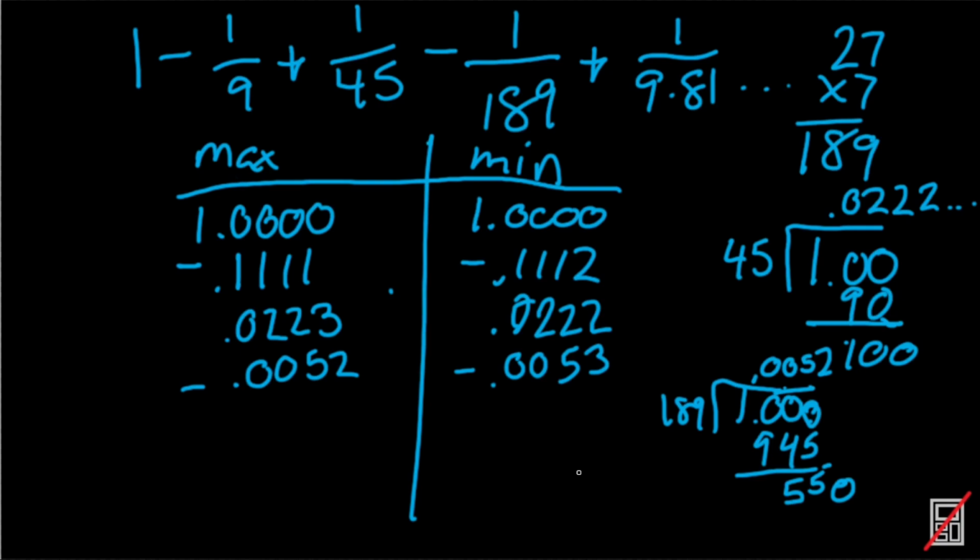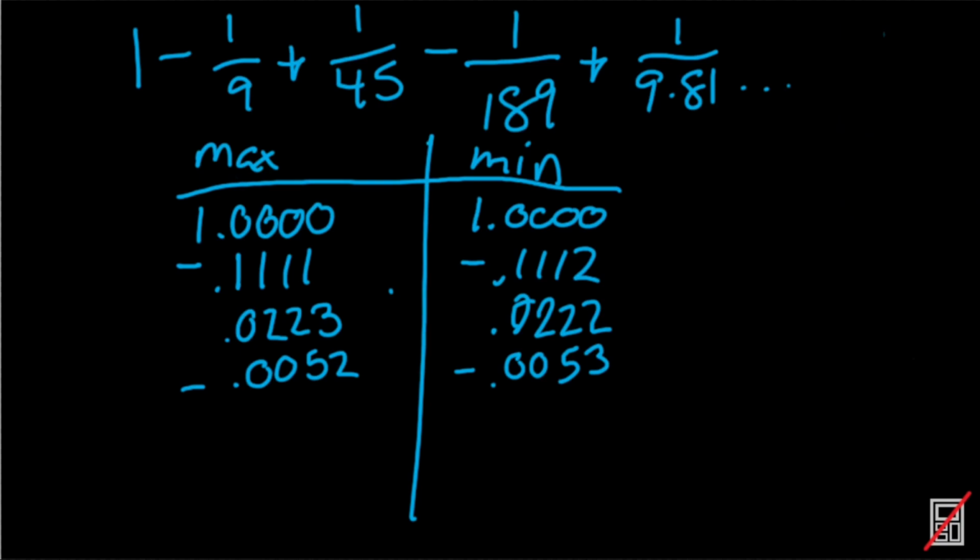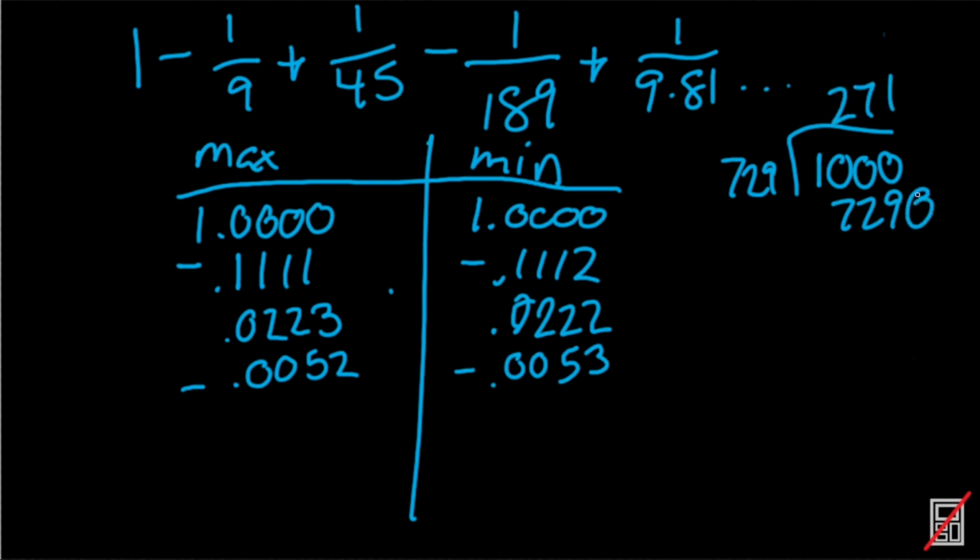And our last one is, let me clear up some of this. One over 729. This gives us 1 on top, 271 down here.